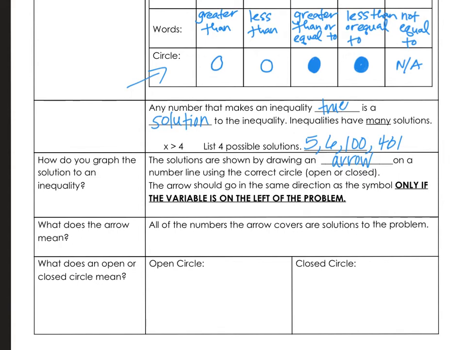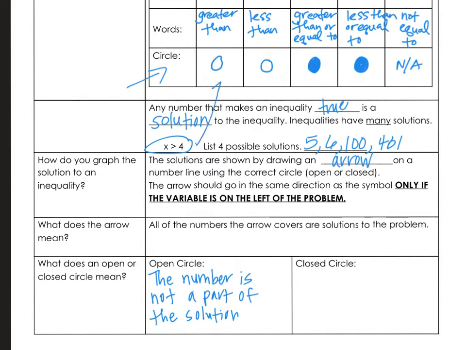What does an open or closed circle mean? An open circle means that the number is not a part of the solution. We already saw an example of this. For example, this one right here, x is greater than 4. If you put 4 there, that's not true. And you see right here, we would use an open circle for this one. So 4 is not a part of that solution.